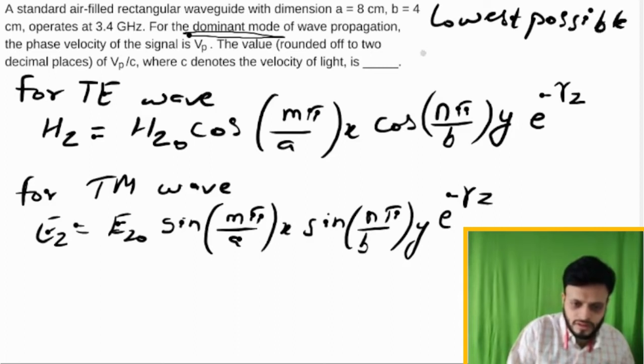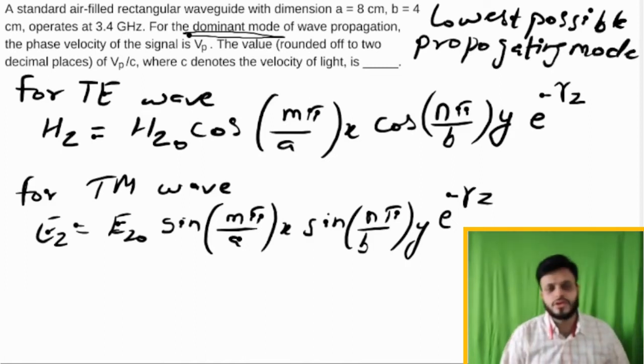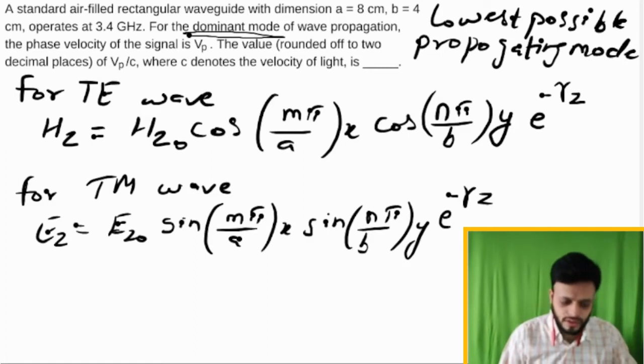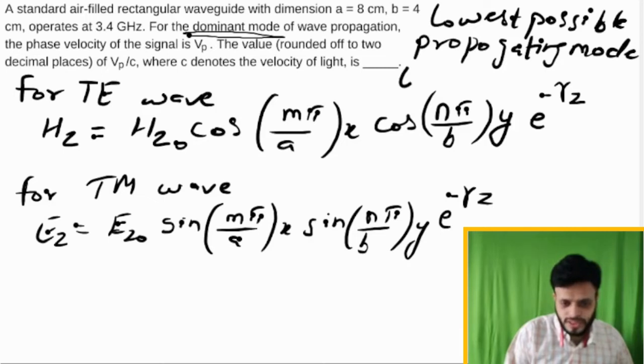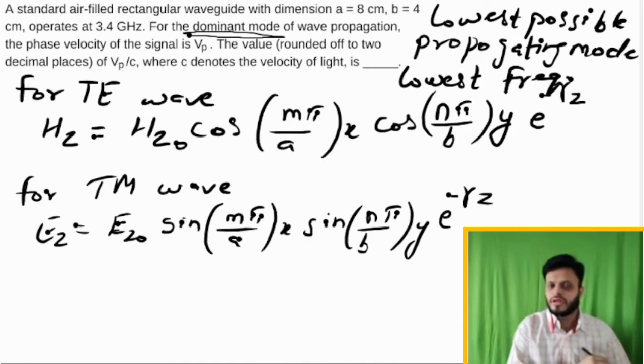It is the lowest possible propagating mode which has the lowest frequency of operation. And if you want to talk about it in terms of wavelength, it will have the highest wavelength, because frequency and wavelength are inversely proportional to each other.